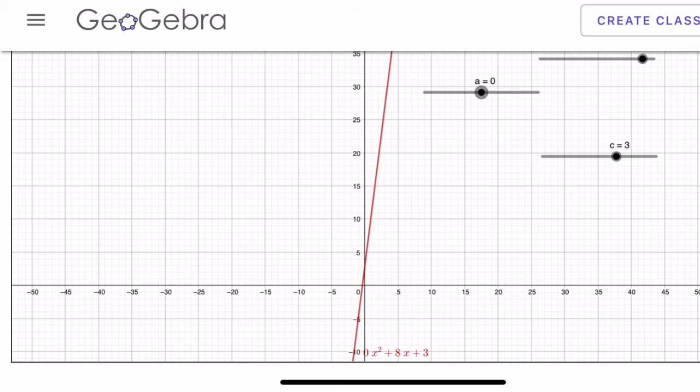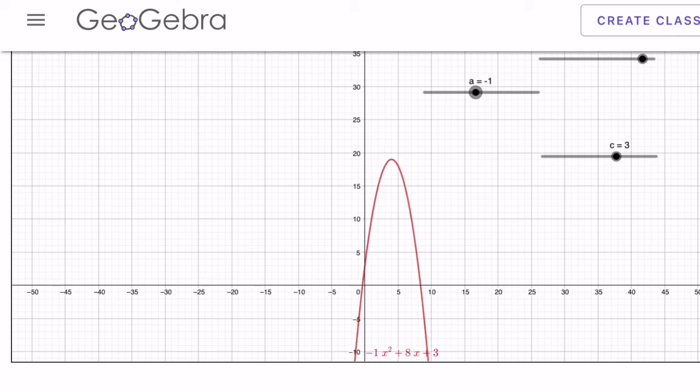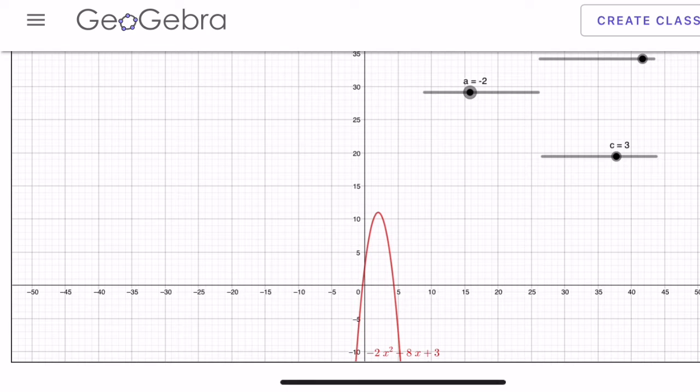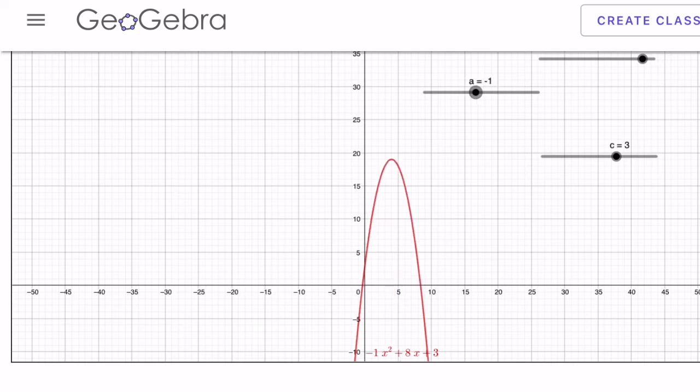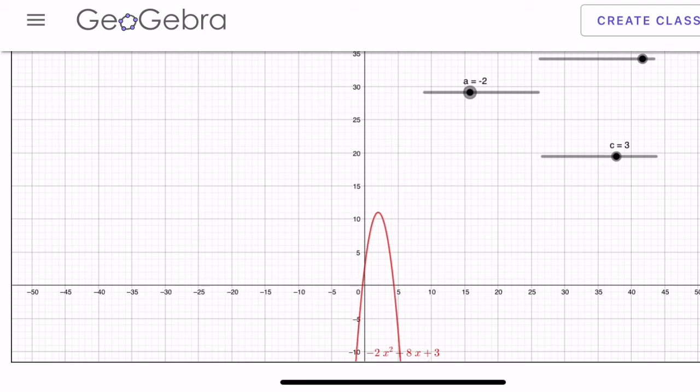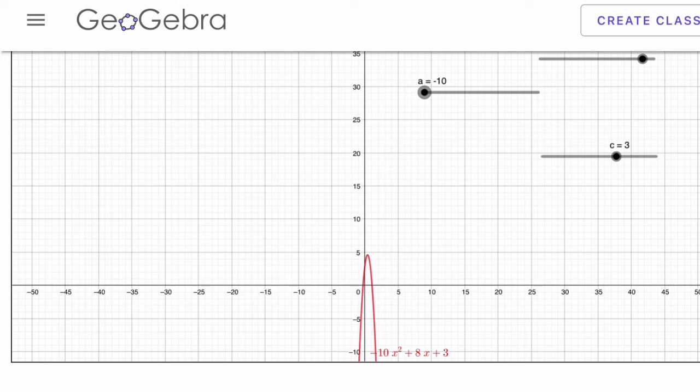But you notice that if a is negative 1 and I decrease to negative 2, it becomes narrow. If I increase, it becomes wider. If negative 6, it becomes narrow. For negative values, it becomes narrow.